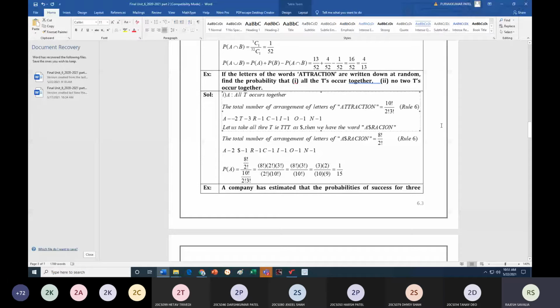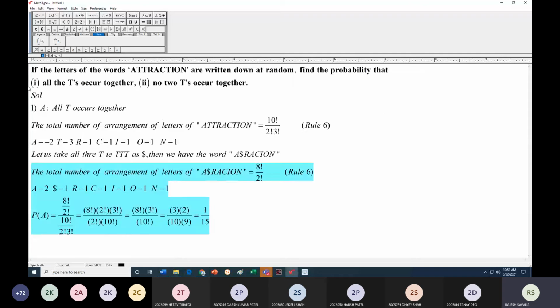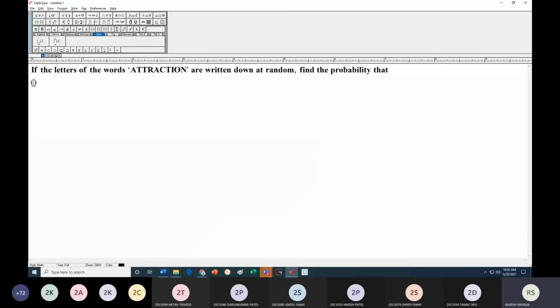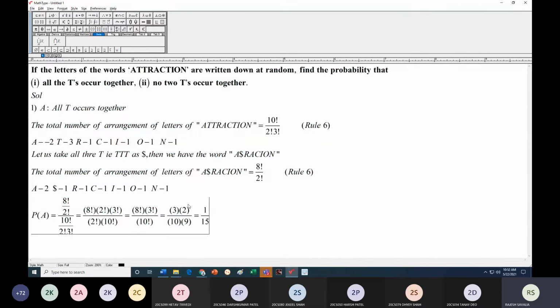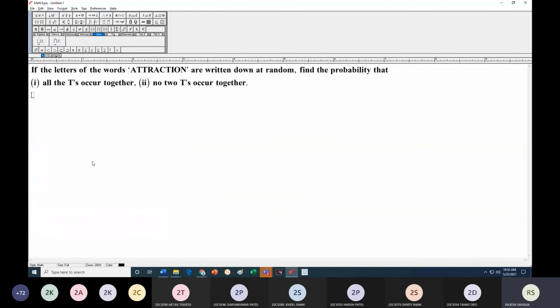Yes, sir. Now let me take the second part. Second part is II. Let me remove this. Second part says no two T's occur together.